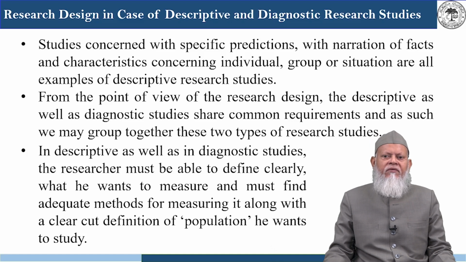So, if we are working on Indian migrants in GCC countries, then the whole population is 9 million Indian workers in GCC countries. But if we are working on Indian workers in United Arab Emirates, then the population would be say 3.2 or 3.4 million, because that many Indians are working in United Arab Emirates.